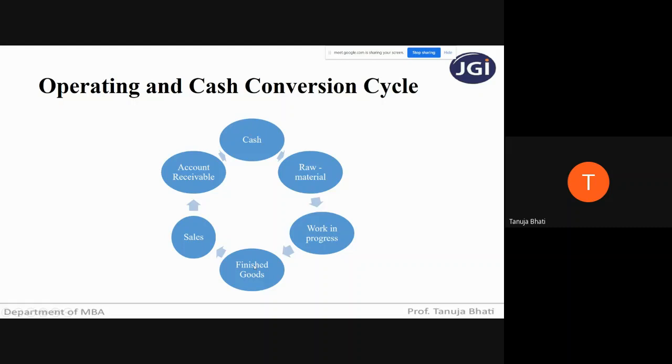So up to from cash to finished goods, what cycle have we seen? First, the enterprise requires cash to purchase the raw materials. Then it purchases the raw materials. It does the processing on the raw materials. It tries to convert the raw material into finished goods. During that process, there is work in progress. That is where the raw materials are processed halfway.